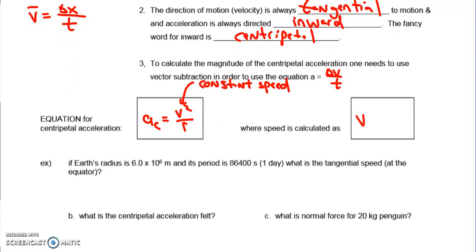So when we talk about speed for something going in a circle, it's the circumference divided by how long it takes to go around once. We call that the period. And you know from your math class that the circumference of a circle is 2 pi times r. So this is 2 pi r over T.